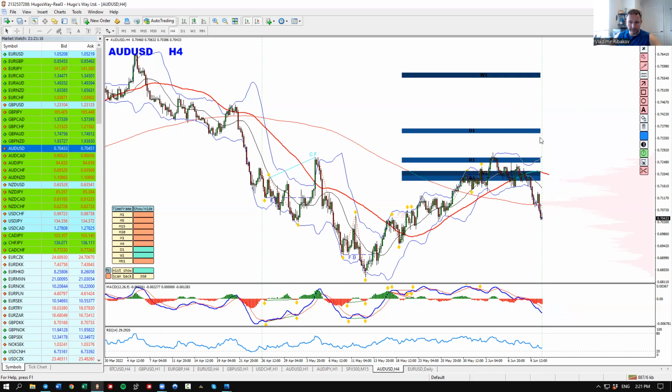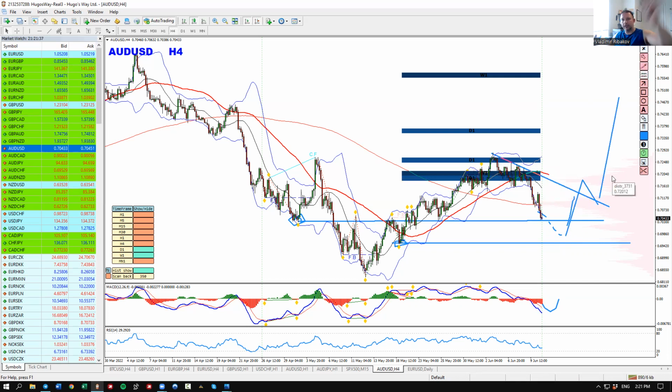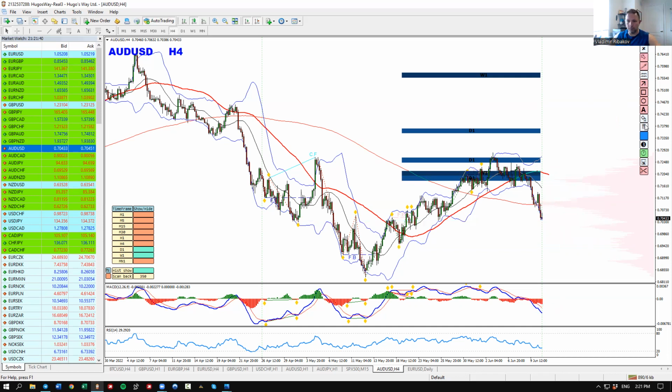Scenario number one: the Aussie dollar manages to find the bottom around the previous lows, creates this hidden divergence and completes it. Then we will see the market break above this falling resistance and make another rally to the upside, anti-dollar, if the Fed disappoints.